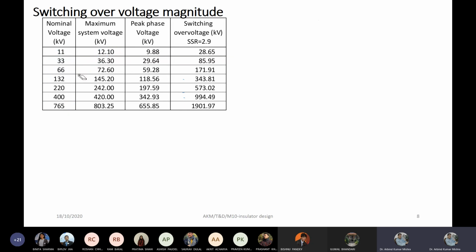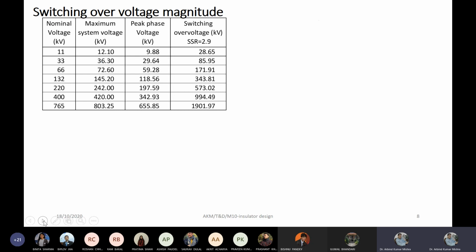Now, if we would like to compare its dominance with respect to the lightning overvoltage, then we need to compare its equivalent lightning voltage.